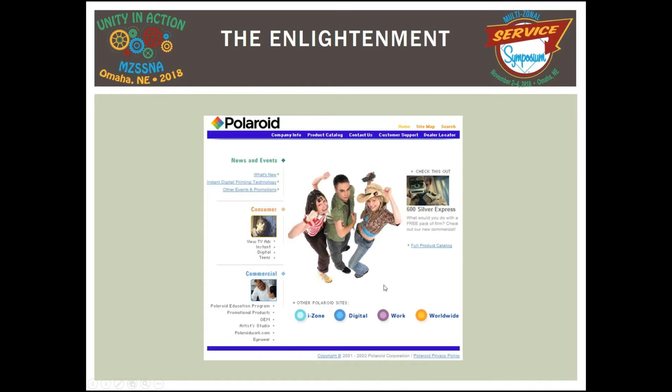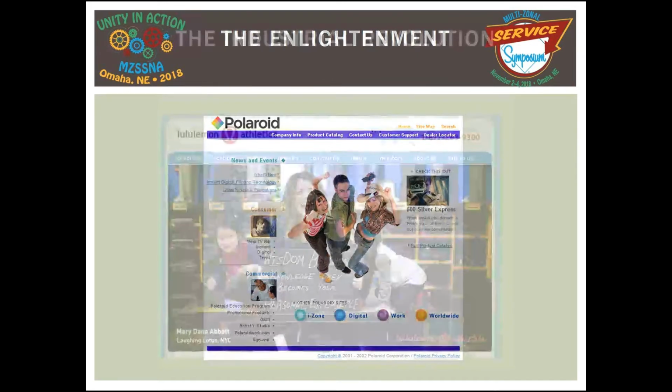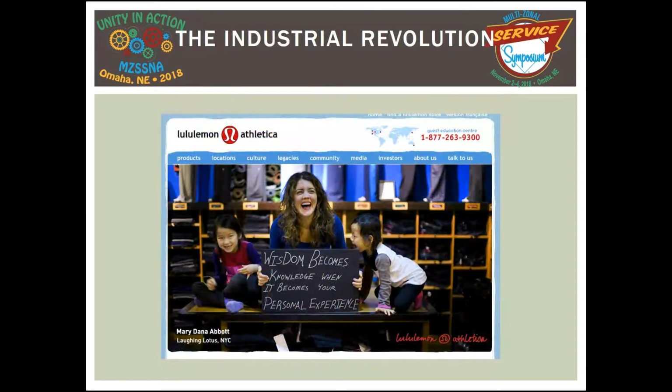It was a lot easier to design that way and make it consistent throughout your entire site, because you had the style sheet that went to each page, and usability was the big key here during the Enlightenment.